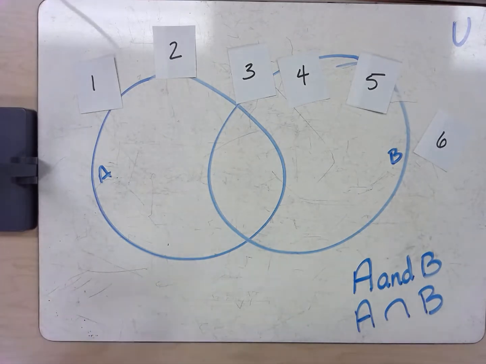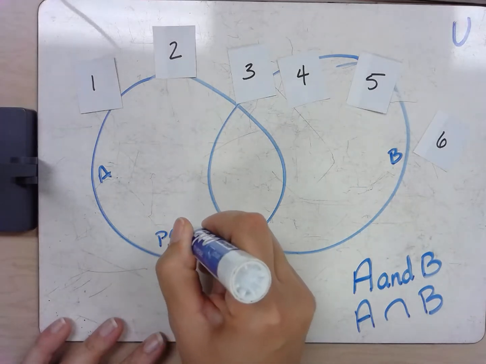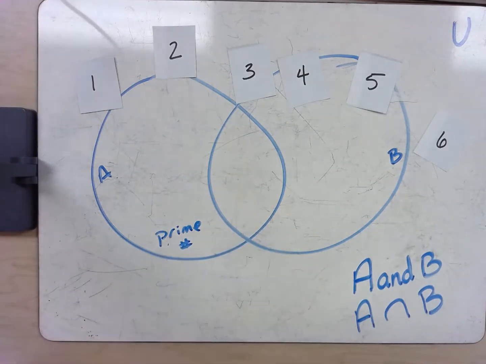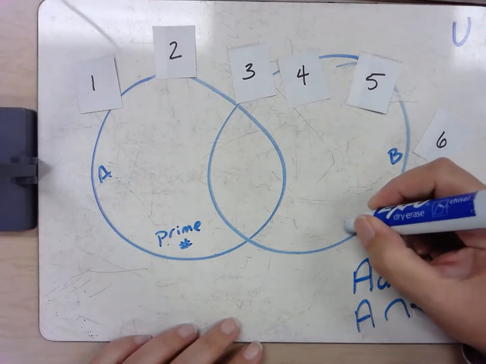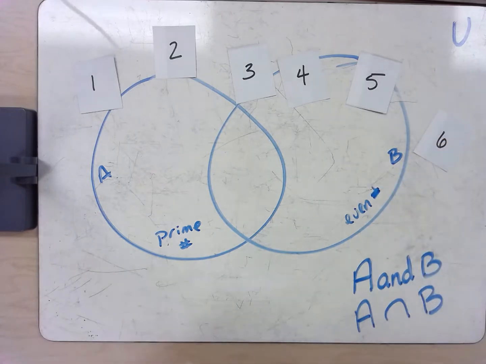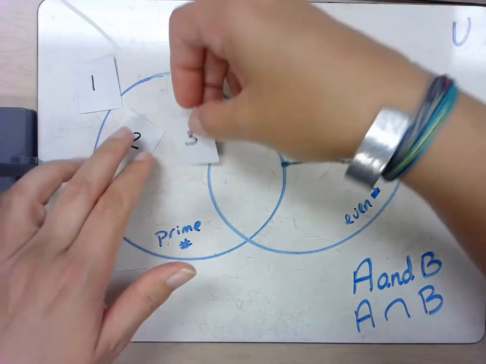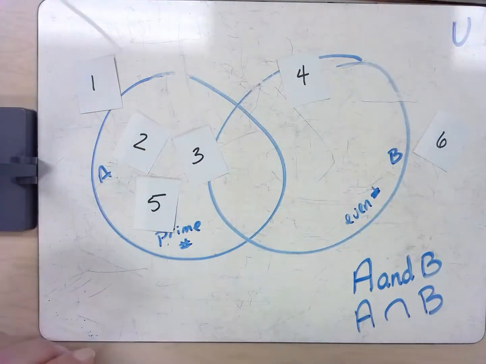That's A and B. So if you go back to example 1 in lesson 2, example 1 says that event A is a prime number. So these would be all the prime numbers right here in this circle. And event B is the event that you roll an even number. So we'll put all the even numbers in event B. When we sort this out, our prime numbers are 2, 3, and 5.